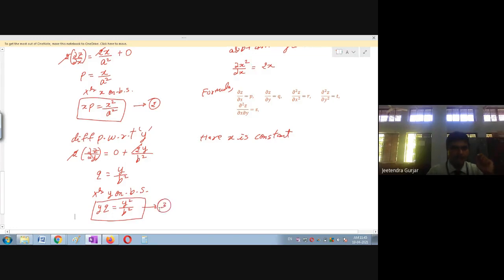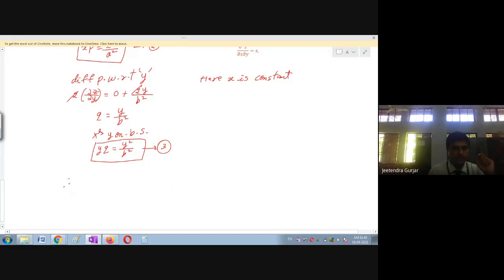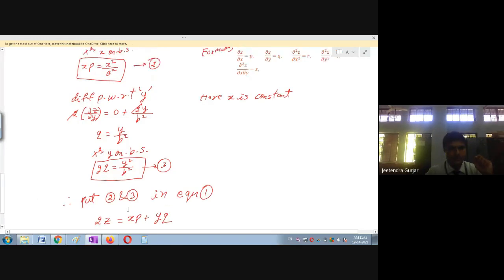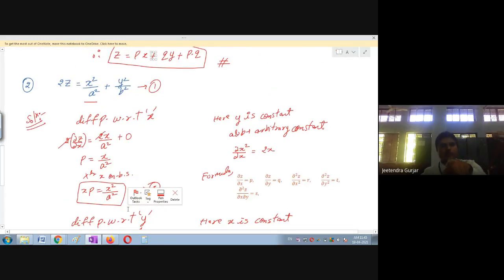Then what do I say? Therefore, put equation 2 and 3 in equation 1. I think everyone got the answer, right? So this is going to become 2z is equal to xp plus yq. Just check. Here what we have is x square upon a square, which is xp, and y square upon b square, which is yq.